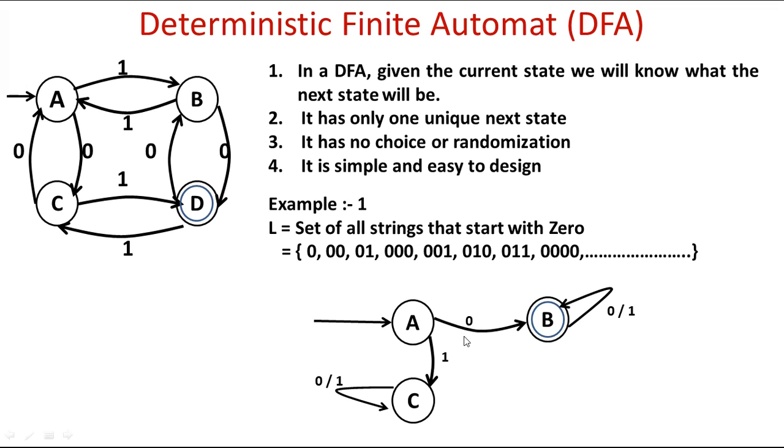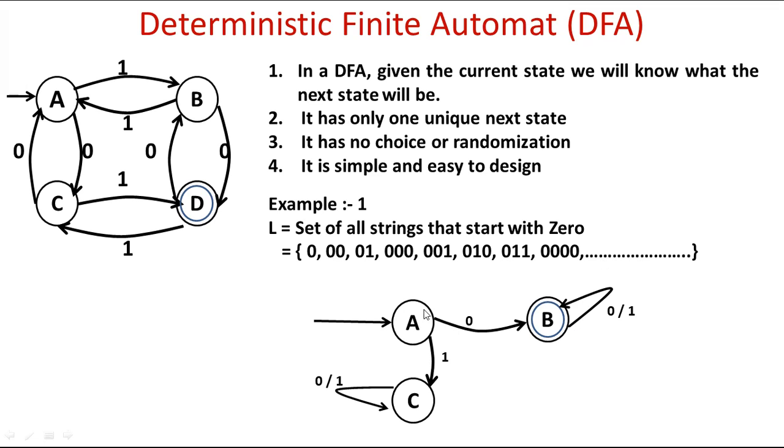Now again 0: I have gone to B with 0 as input, and with 0 as input again, I take a loop and go to B, where B is the final state. So 0 0 is also within the language. Then 0 1: again 1 within the loop of B. So here we get the strings 0 0, 0 1, 0 0 0 and all of them.